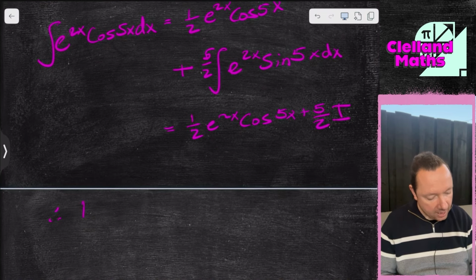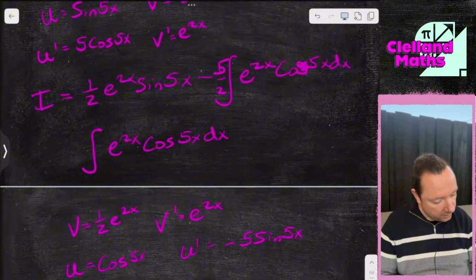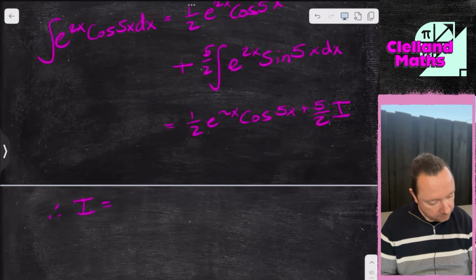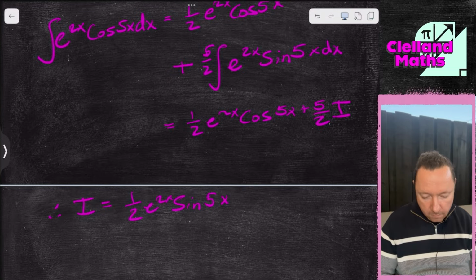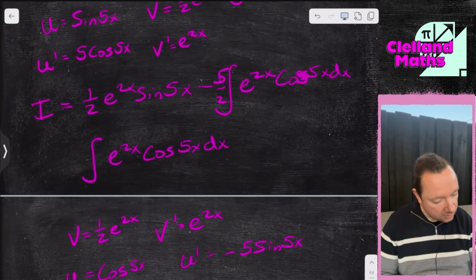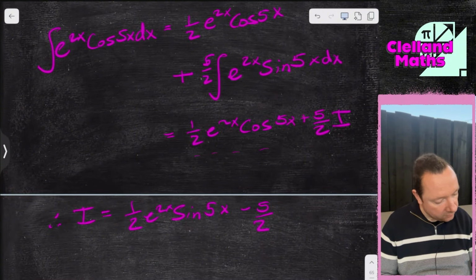Therefore, we can say that I equals, way back up here before we even got anywhere, 1/2 e to the 2x sine 5x minus 5/2. The integral of e to the 2x cos 5x we've just worked out is this thing here.